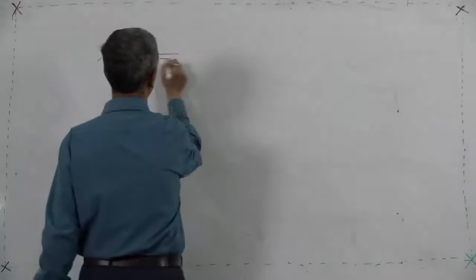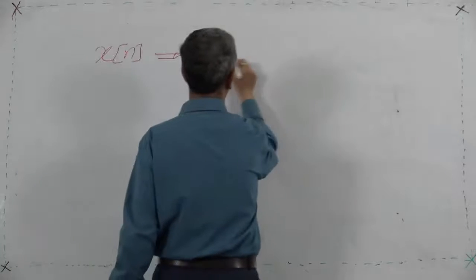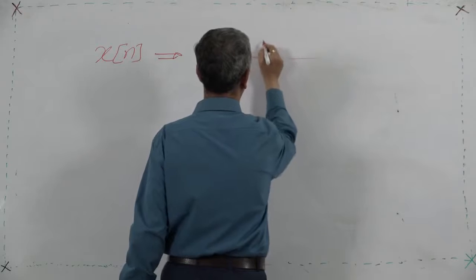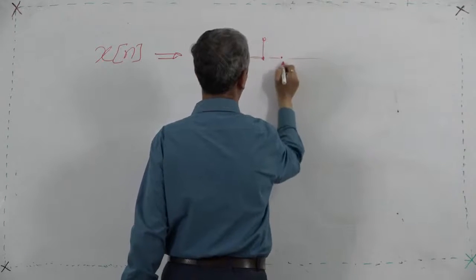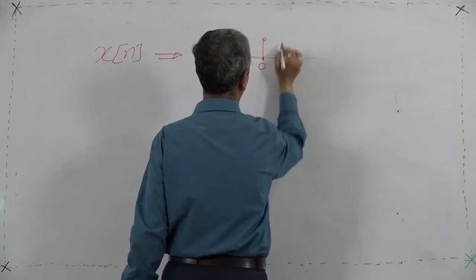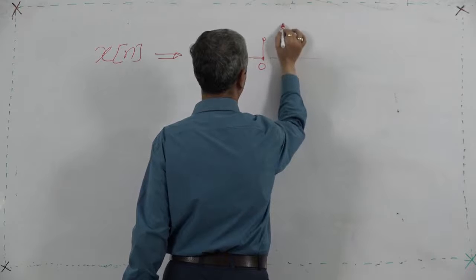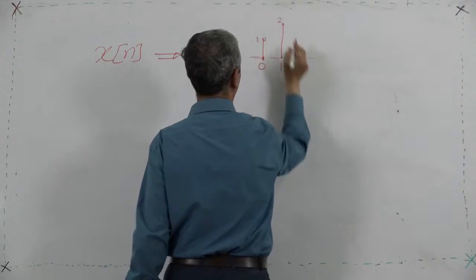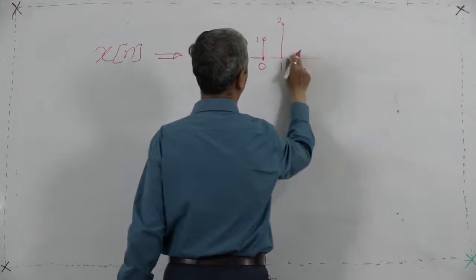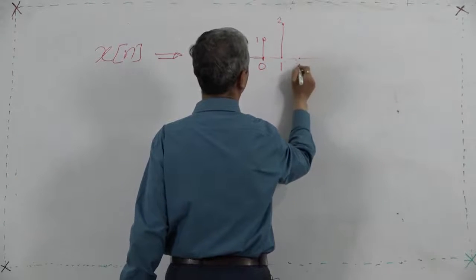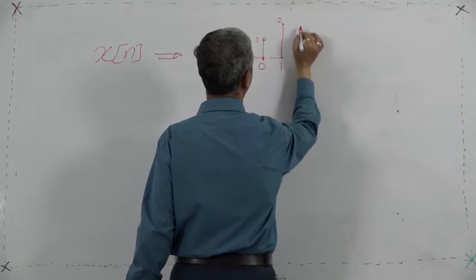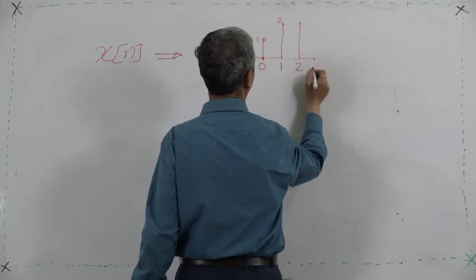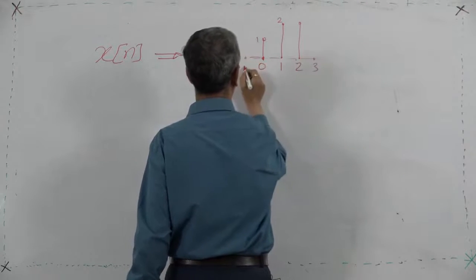Suppose the x[n] sequence I have is, at n equal to 0 it is 1, at n equal to 1 it is 2, at n equal to 2 it is again 2, and 0 elsewhere.